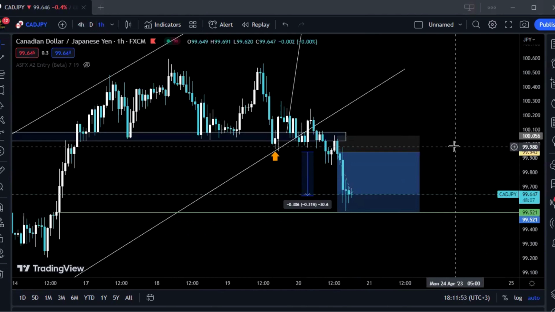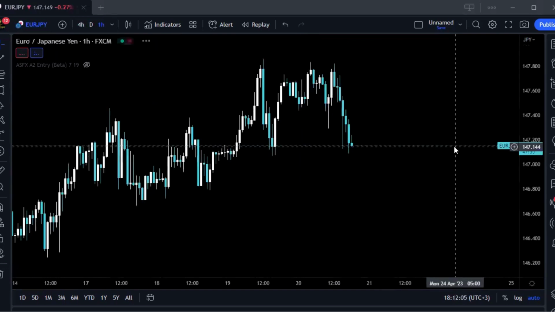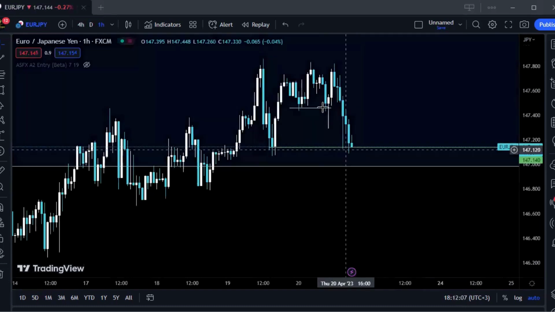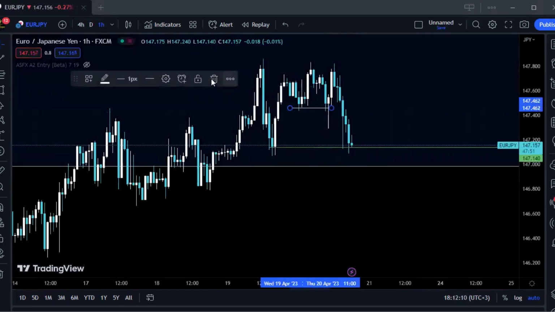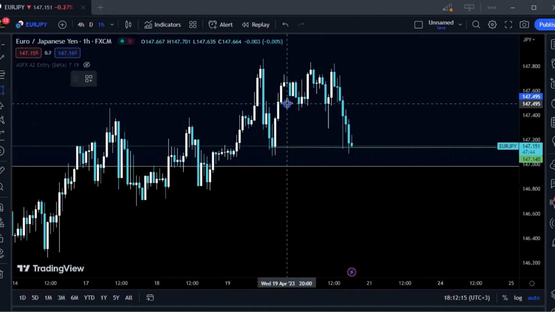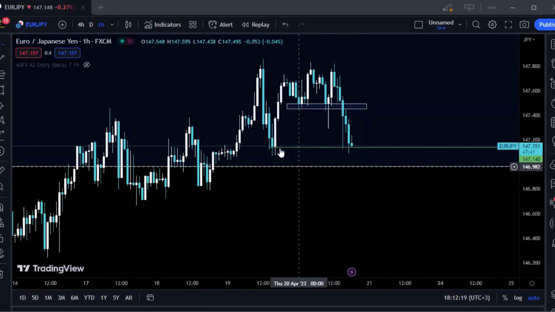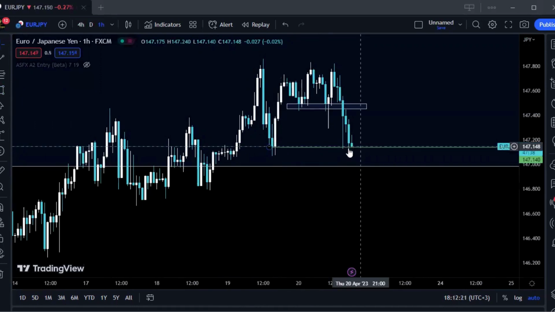But if it doesn't happen on the CADJPY, obviously we'll be looking at EURJPY because it will be its London session, you know. Not sure what fundamentals we have tomorrow. I'll be checking to see if there are any fundamentals that will be contradicting us taking the trade on EURJPY. You can see on EURJPY, I also had an analysis that once prices break below this low, we'll be looking for prices to keep on pushing lower until they hit these lows. And we can see prices have already hit those lows.